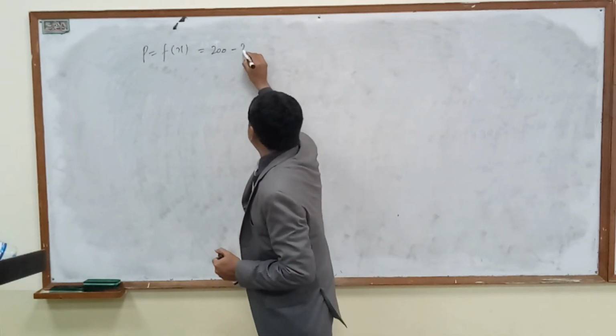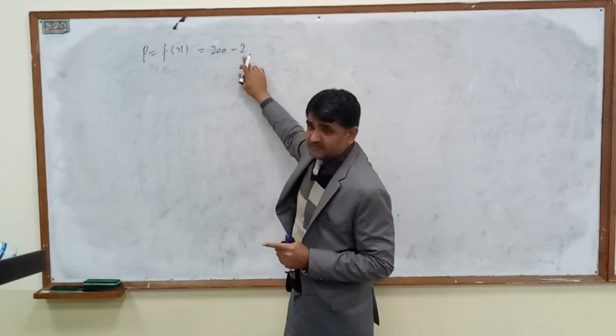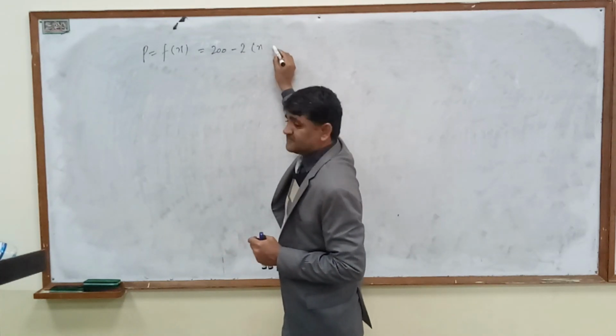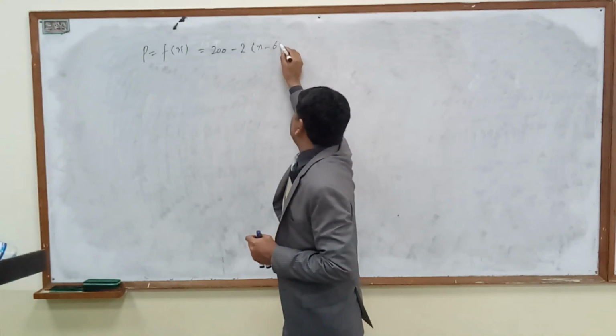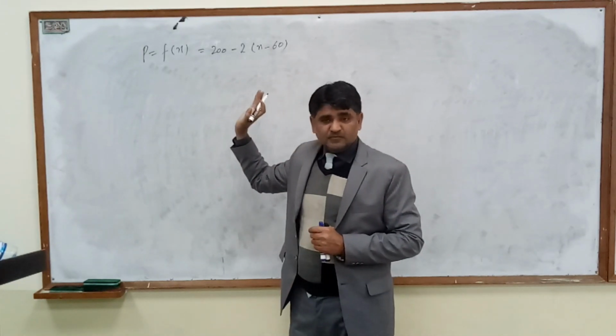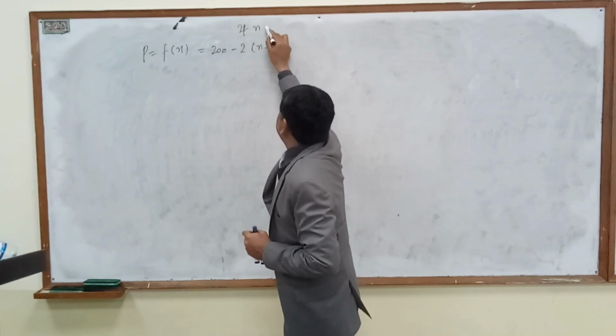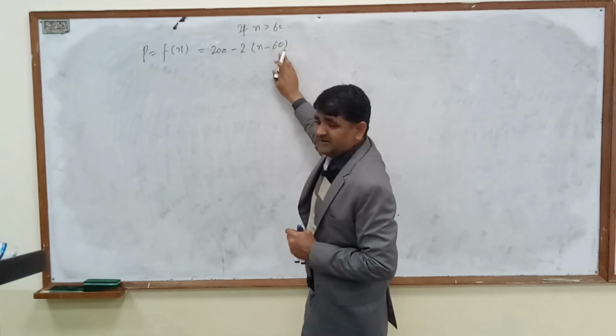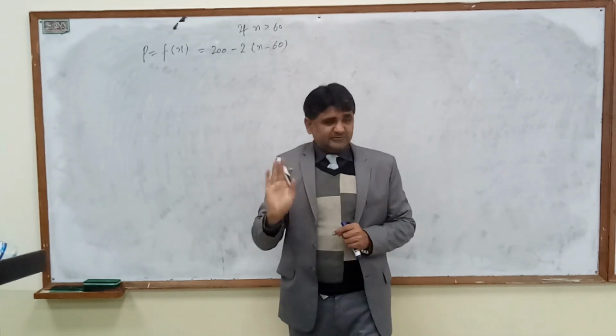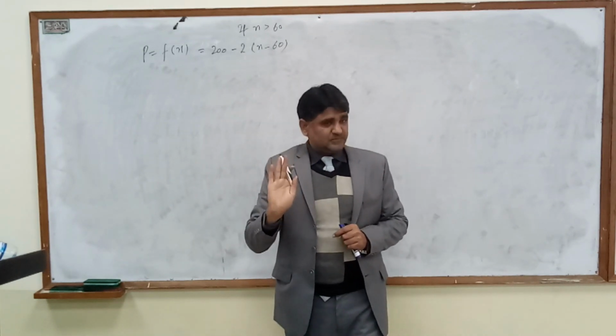Minus, further they have a discount of $2. When? If n minus 60, or we can say if n is greater than 60, then it will be applied. Otherwise, it will not be applied.